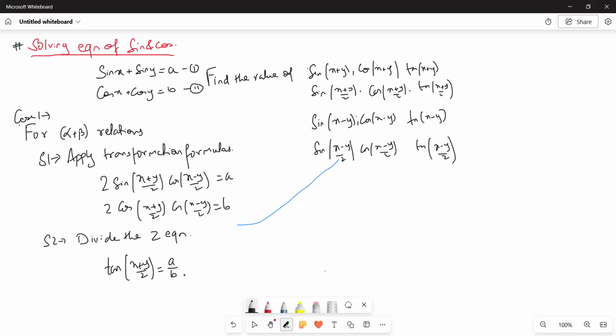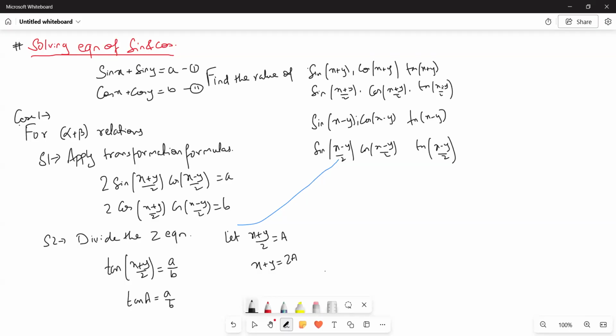Okay, great. So now, once we have the value of tan of x plus y by 2, let x plus y by 2 be a. So in that case, x plus y will become 2a. So this then converts to the conversion questions, in the sense that now we know the value of tan a is a by b.